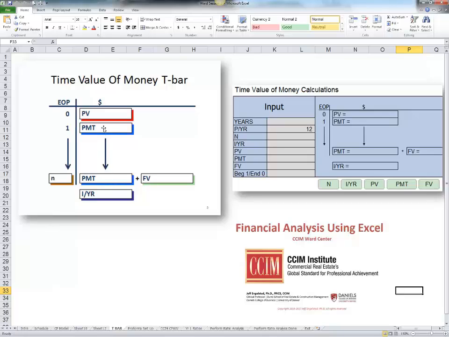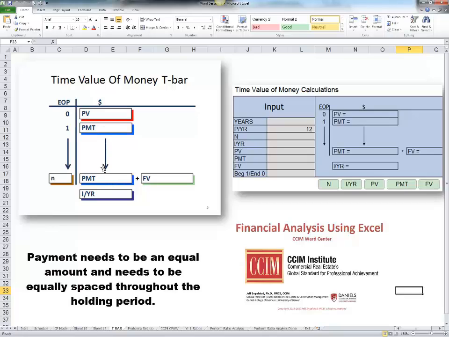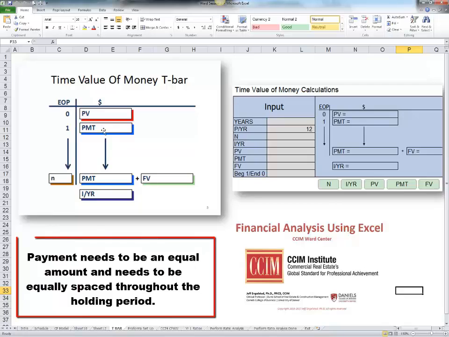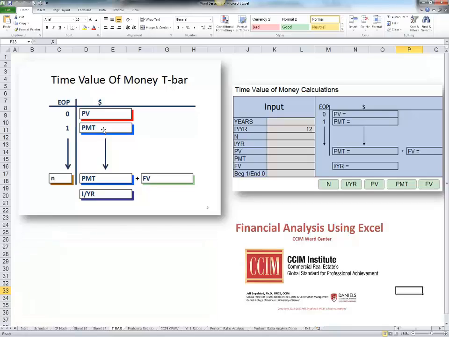That's really important. Otherwise, it's not payment in a time value of money sense. Future value then can only occur as an appendage to the last payment.